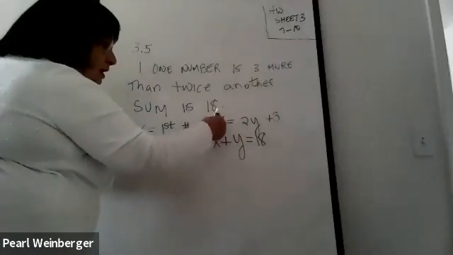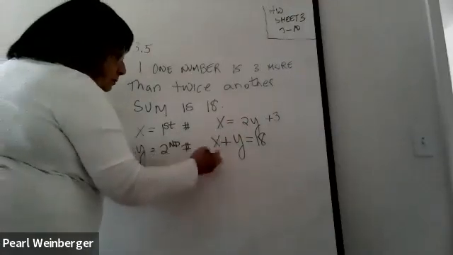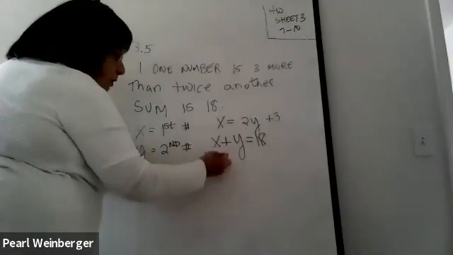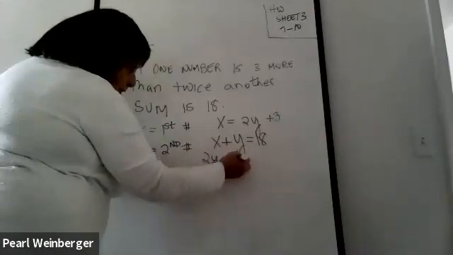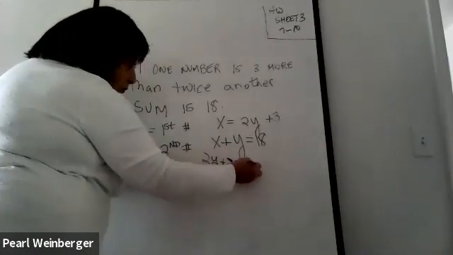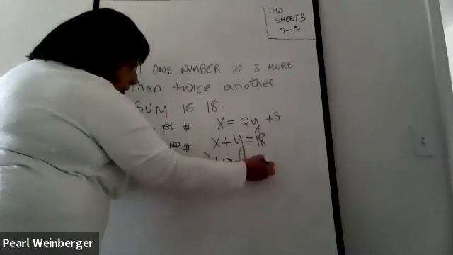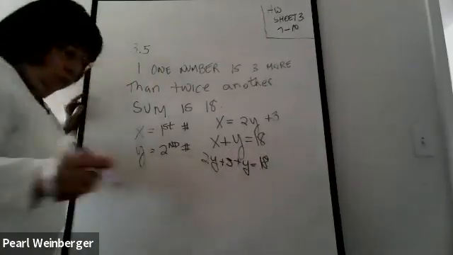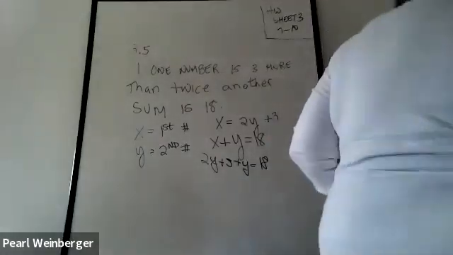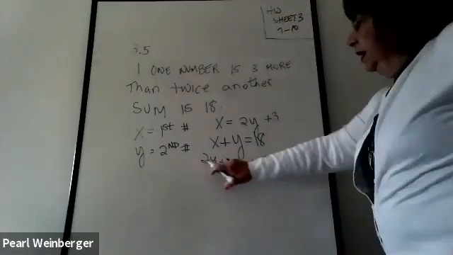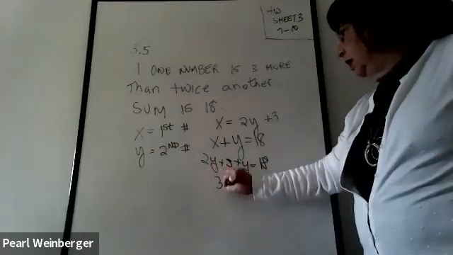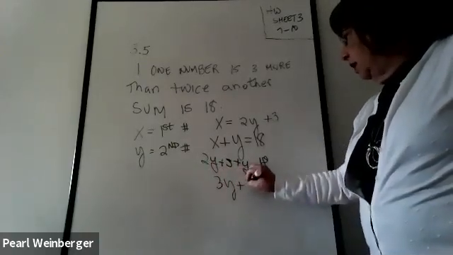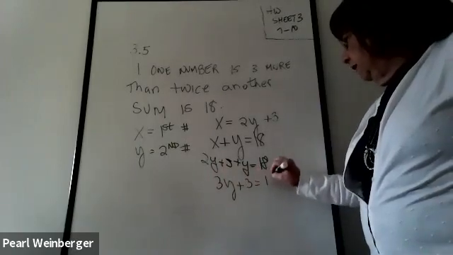In my second equation, wherever I see an x, I'm going to put 2y plus 3. So this is going to be 2y plus 3 plus the y that I had from before, equaling 18. And combining the like terms, 2y plus y gives me 3y plus 3 equals 18.